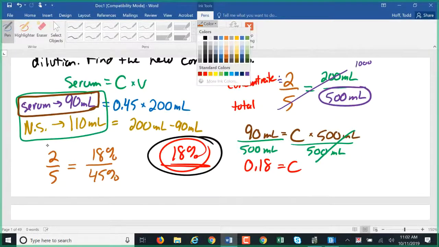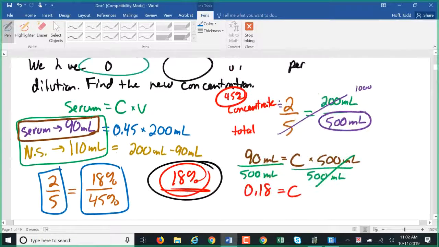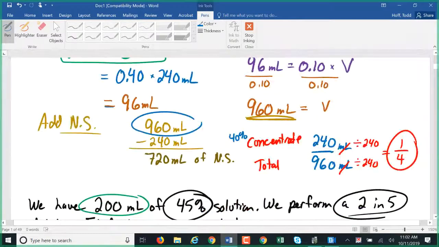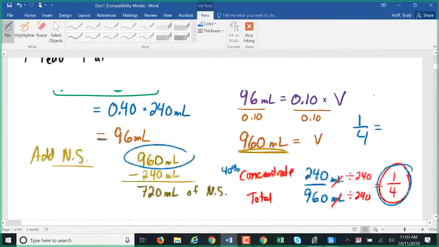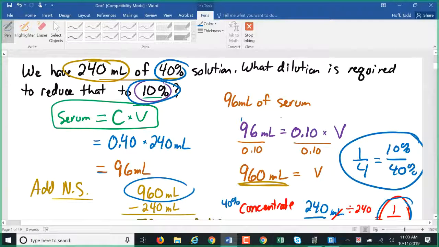The dilution ratio is equal to the ratio of the concentrations. If we look back at this previous problem we did, we'll find the same thing. We performed a 1 in 4 dilution here. We went from 40%, so the old percent was 40%, to 10%. The ratio of the concentrations is equivalent to the dilution ratio.